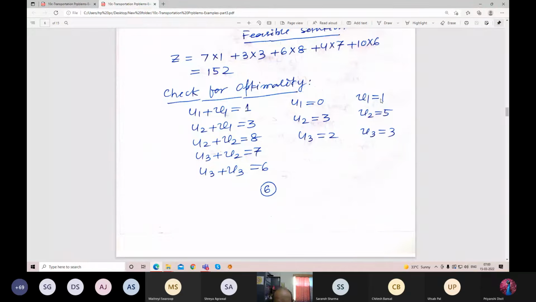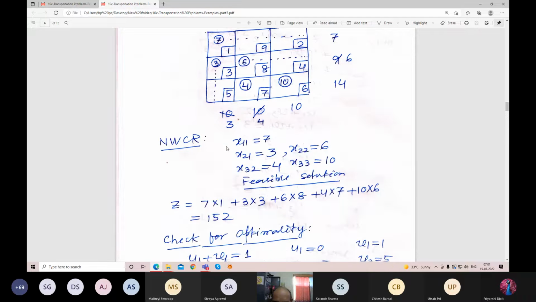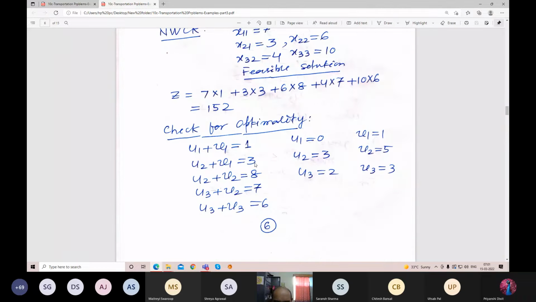Then U2 plus V1 equal to 3. Once V1 equals 1, U2 will be 2, not 3 as I said earlier; that was a mistake.